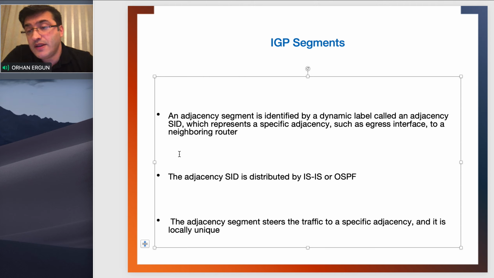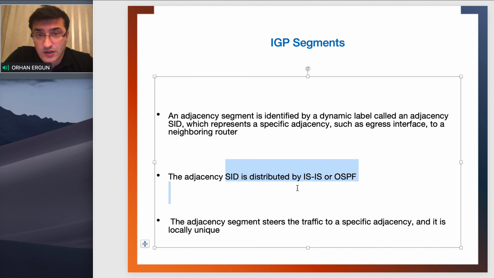So per interface, you can have a different label value. That specific label value, per interface, is called the adjacency label, adjacency SID. The adjacency SID is distributed by IGP, here with IS-IS or OSPF. So adjacency segments steer traffic to the specific adjacency, and it is locally unique.